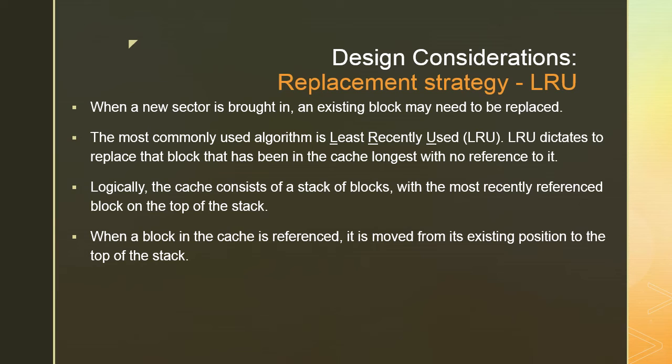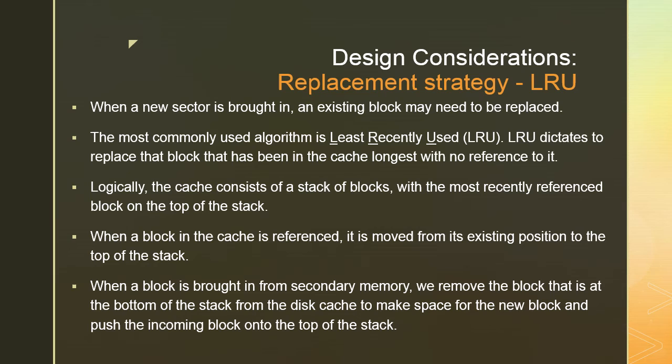When a block in the cache is referenced, it is moved from its existing position to the top of the stack. When a block is brought in from secondary memory, we remove or replace the block that is at the bottom of the stack from the disk cache to make space for the new block and push the incoming block onto the top of the stack.